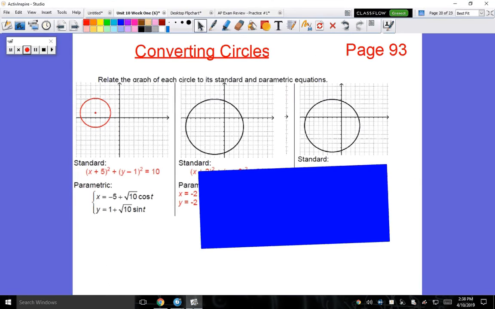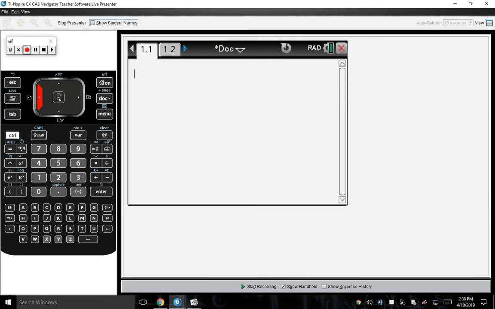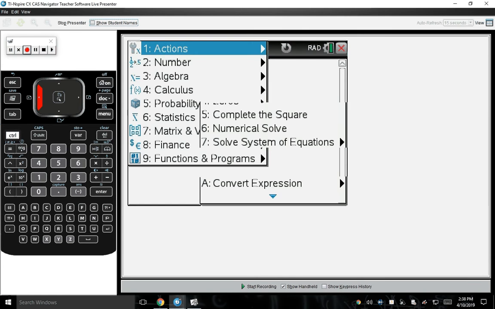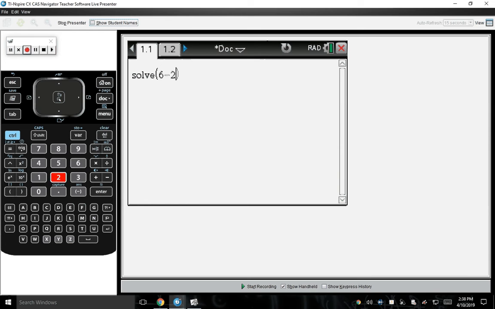Some of you already have it typed in, but I might need your help. I'm going to put menu 3.1, 6 minus 2t is equal to negative 4 plus 2t, right? And then comma t. And that happens at 2.5 what?